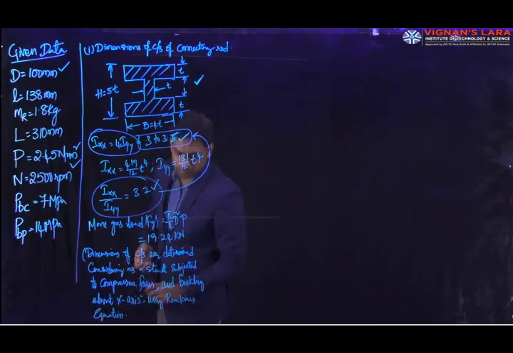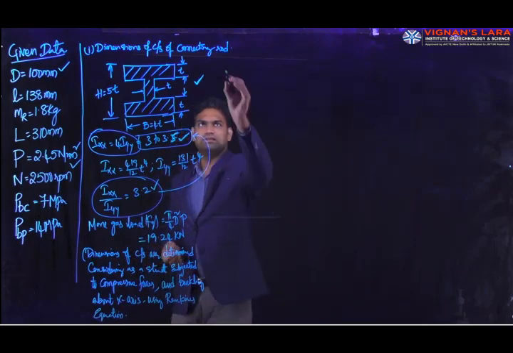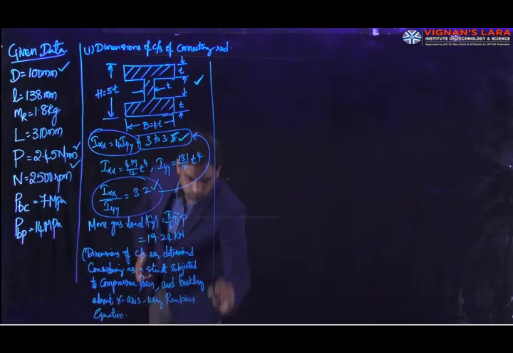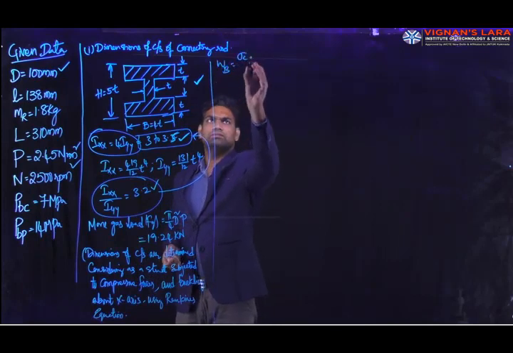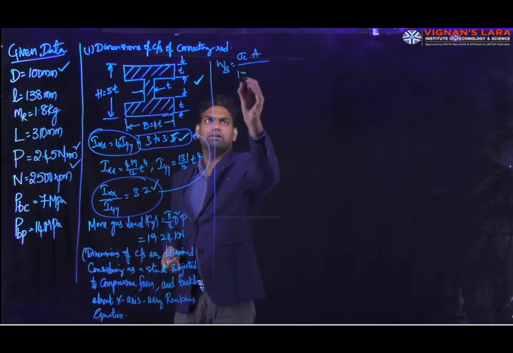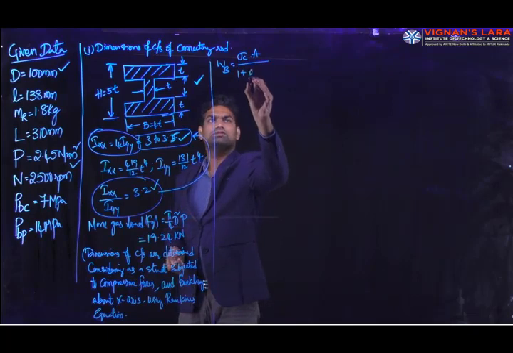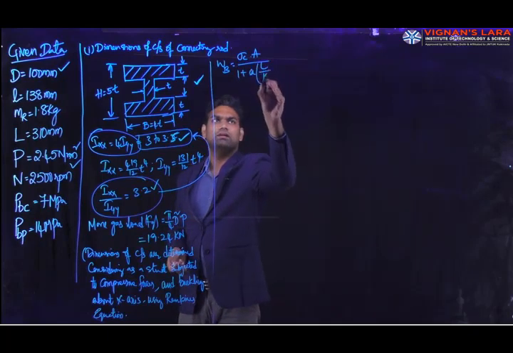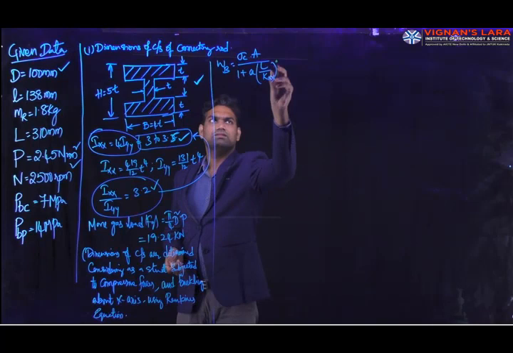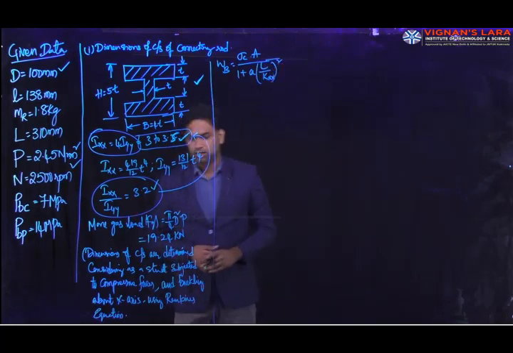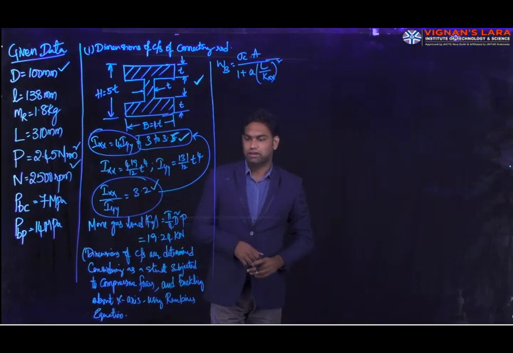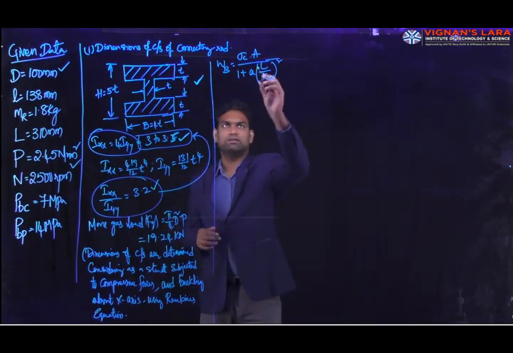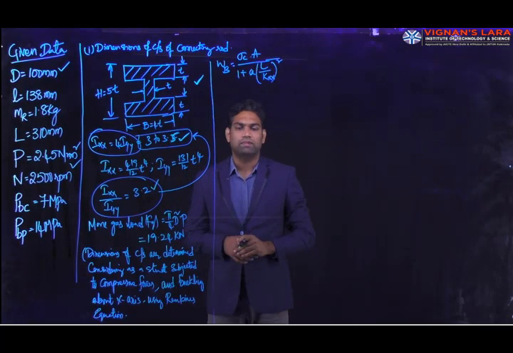Using Rankine's equation, the buckling load WB equals sigma C into capital A by 1 plus small a into L by Kxx whole square. This is the buckling load equation using Rankine's.